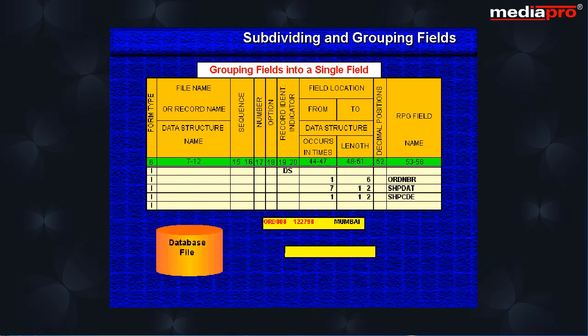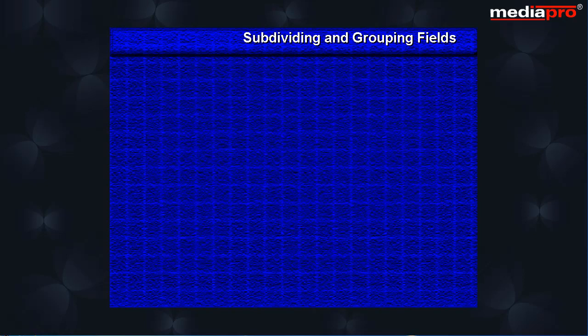For example, from an input file, our program requires the order number and shipment date combined into a single field. We create a data structure that contains the two fields order number and shipment date. Our program can now access the two fields as a combined field by using the data structure name shipping code.